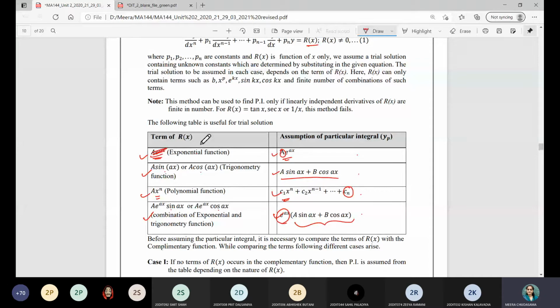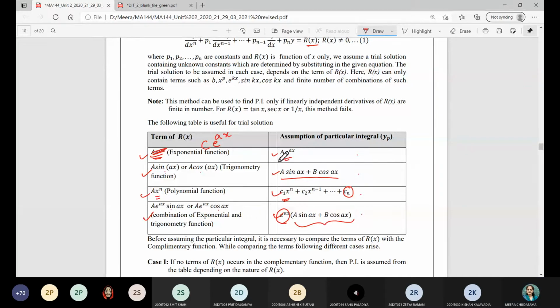Suppose any constant quantity, let me write it as c into e raised to ax, is given. At that time you can choose yp as another constant quantity into e raised to ax. That constant quantity we have to determine. Here it is 3 into e raised to 2x, so the choice of yp will be a into e raised to 2x.